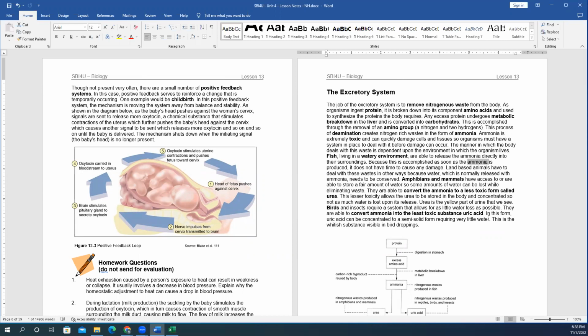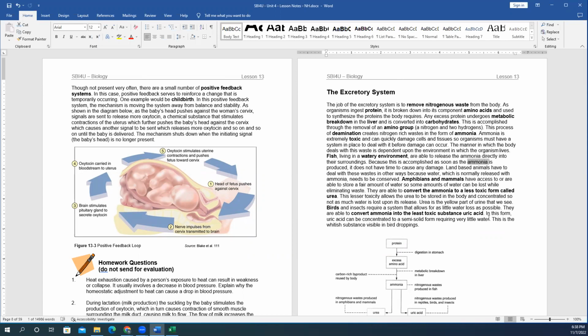If you look at the example of amphibians, they have to be able to store quite a bit of water. So some of the water can be lost when they're eliminating waste, but they have to be able to recover some amount of it. And they should be able to convert this ammonia to some form that is less toxic.